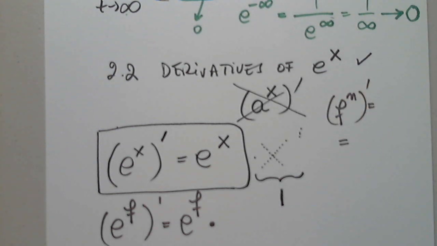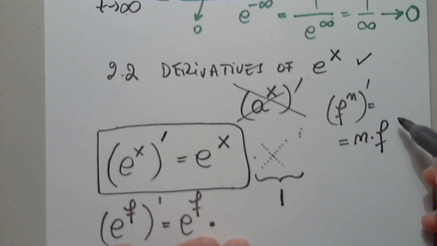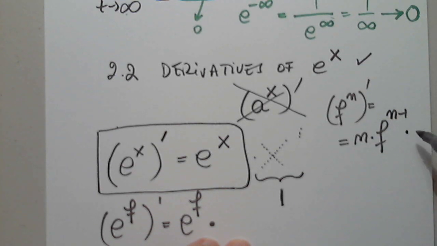The n goes in front, then f to which power? It would be n minus 1 times the inner function prime.